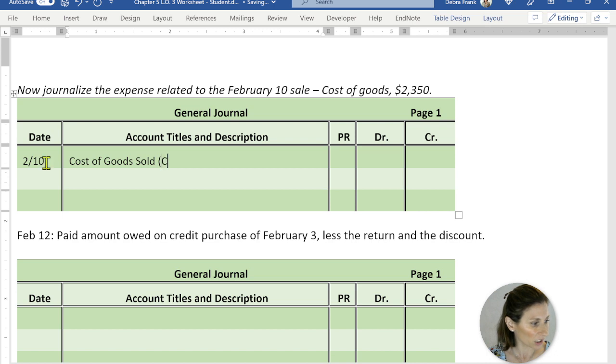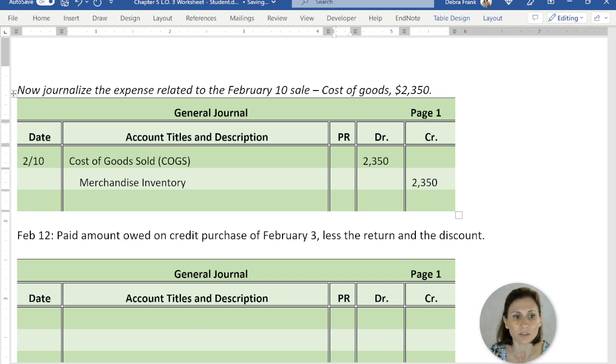Sometimes you see it as, I'll just do this so you're not confused, you might see COGS quickly written as well. That's the abbreviation for cost of goods sold. And they told us 2,350. Perfect. And this inventory is gone. It's no longer there. So we will decrease our inventory, our asset, by that amount, by the cost.